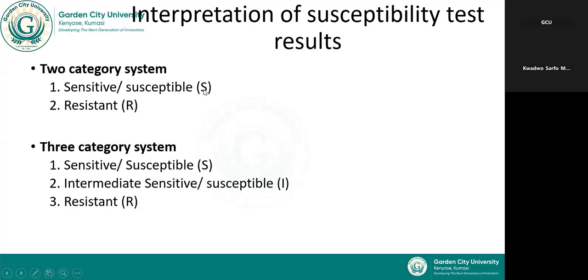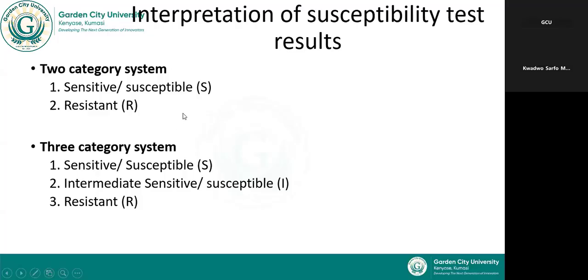So if you measured, let's say 15, and the chart for that antibiotic, the standard breakpoint is 15, so 15 and above will be sensitive. Assuming you recorded 14, 14 is less than 15, so you record as resistant. That means the clinician cannot prescribe this because it's resistant. He will be looking for the S, sensitive or susceptible.